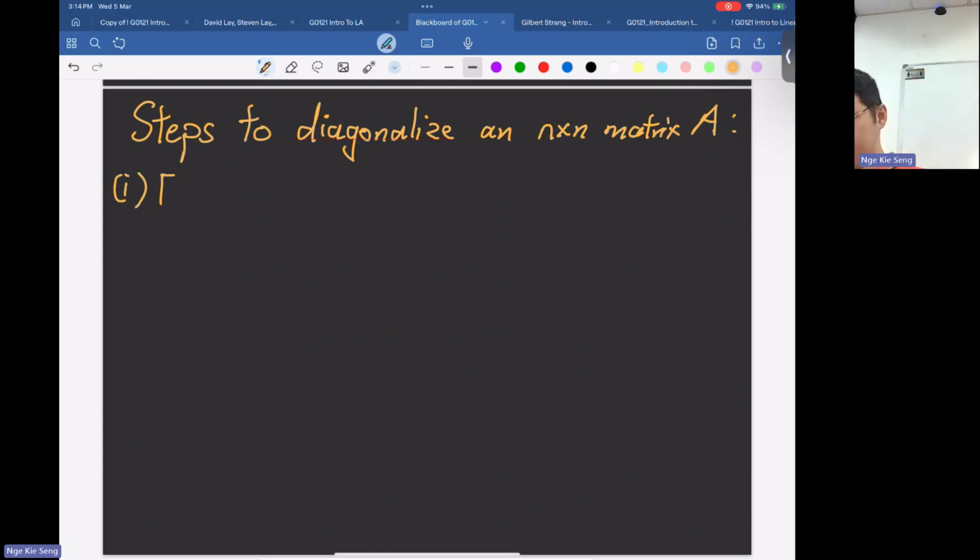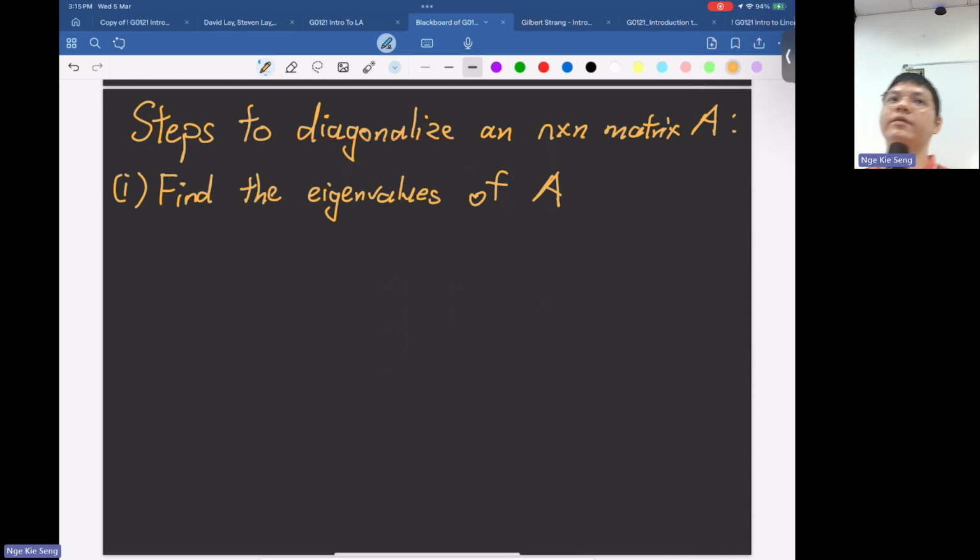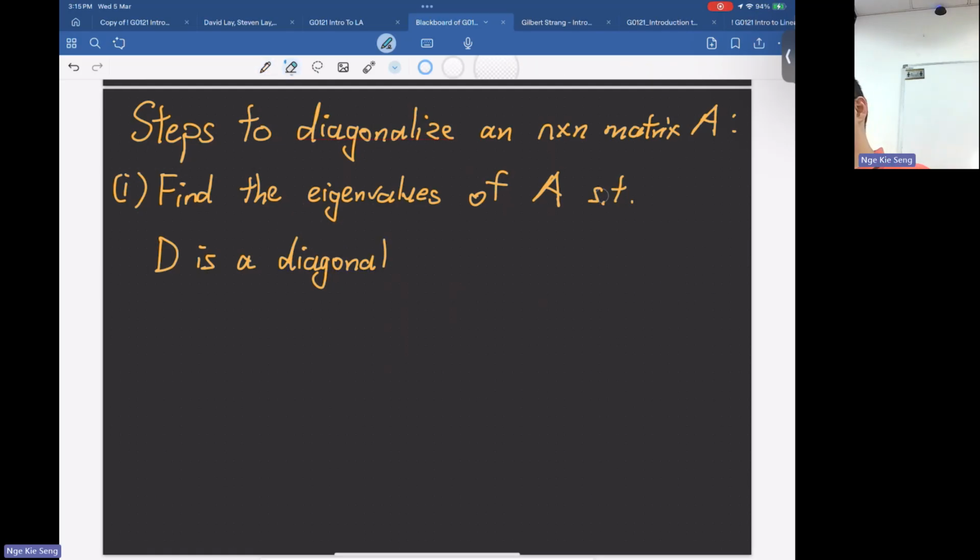The first step is to find the eigenvalues of A. Correct or not? We find the eigenvalues of A to form a diagonal matrix D with these entries being the eigenvalues.